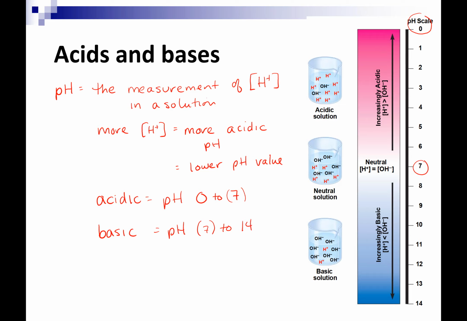So the lower the number, the more acidic. The higher the number, the more basic.